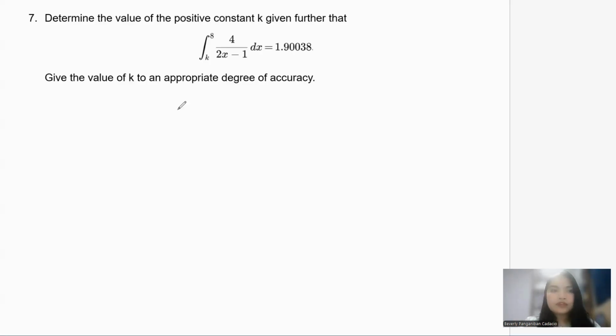Okay, now let's go with number 7. Actually, for number 7 you don't need to do partial fractions here or distribute them. No. I only put this so you can at least practice how to integrate, especially if you don't know the boundaries or the limits, the one that is missing.